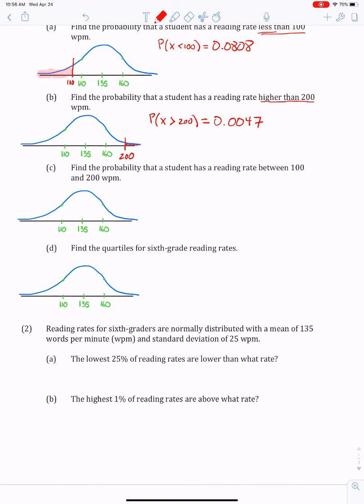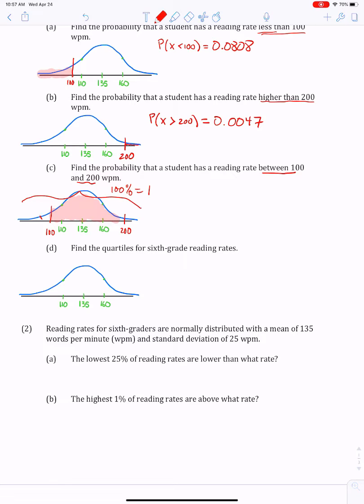Okay, now the third problem, part C, is related to the first two. It says, find the probability that a student has a reading rate between 100 and 200. So 100 was down here someplace, lower than 110. 200 was way off to the right. And what we're looking for is this probability in between. The best way to get the probability between two things is to think about the total for the whole thing. This whole thing here is 100%, in decimal form, that's just 1.